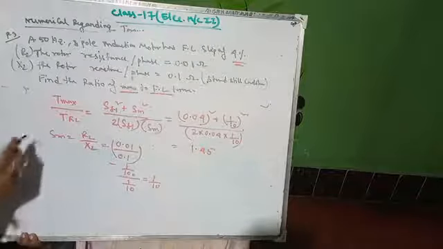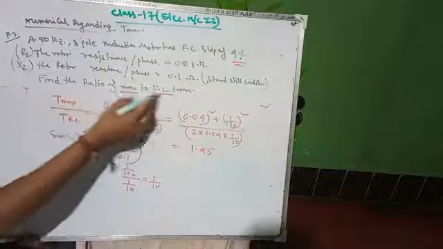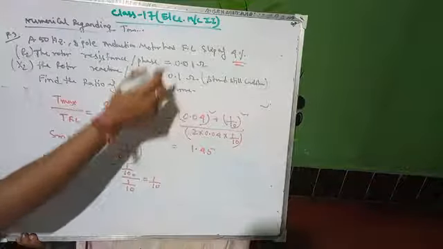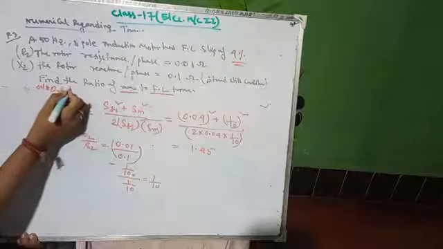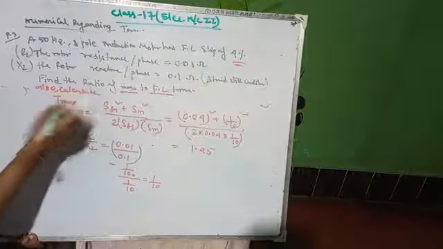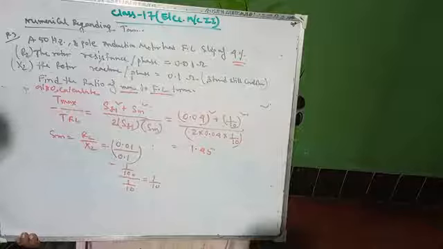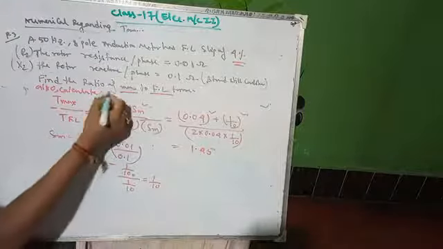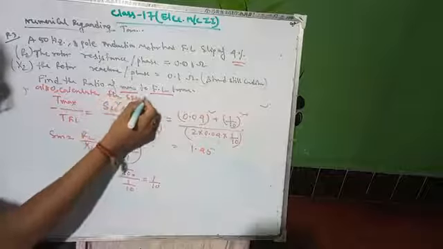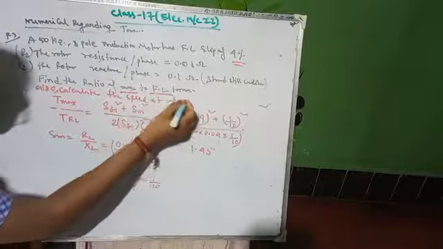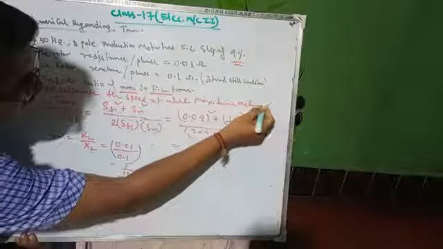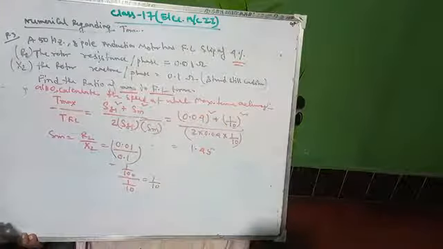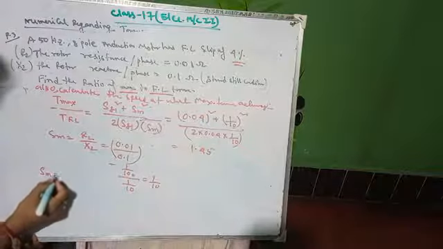Now if the question asks to find the ratio of maximum to full load torque and also asks as an extra question to calculate the speed at which the maximum torque is achieved, you can now use Sm.